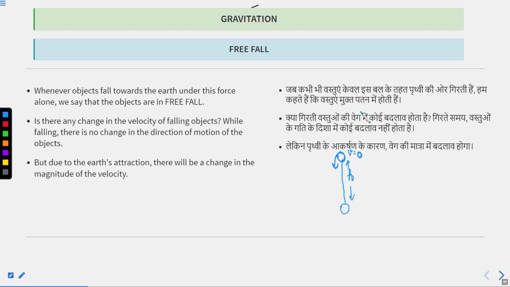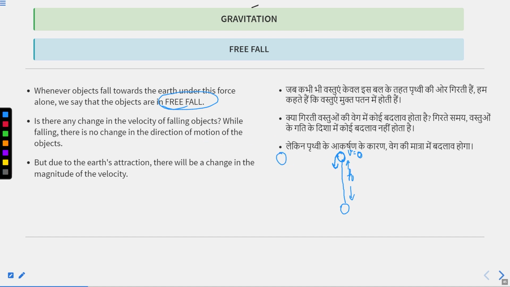So this object will be doing free fall. Any object which falls towards the earth under the influence of only gravitational force is said to be in free fall.